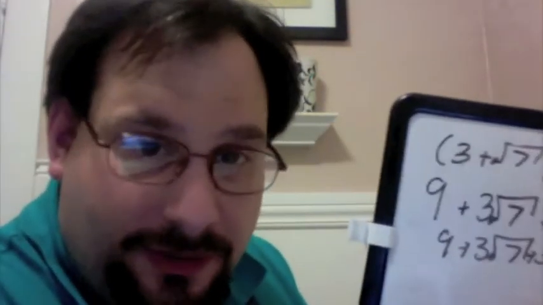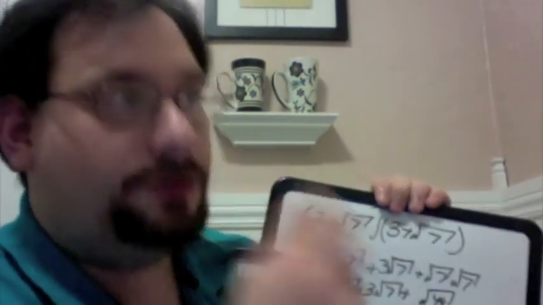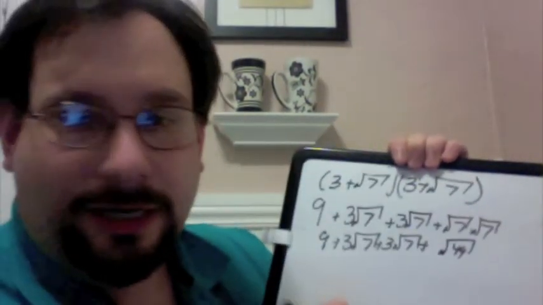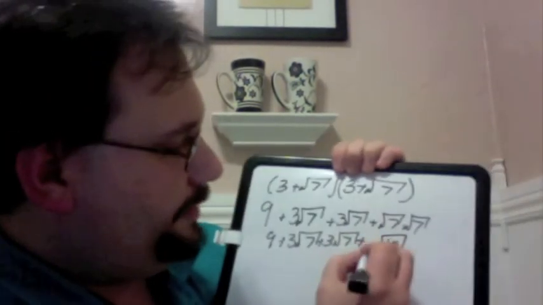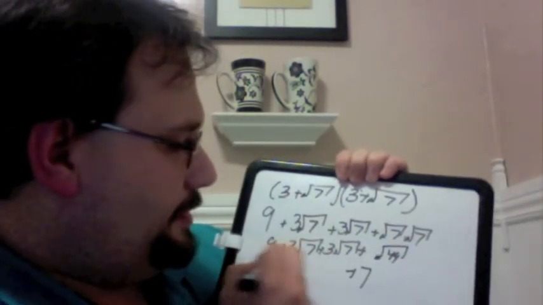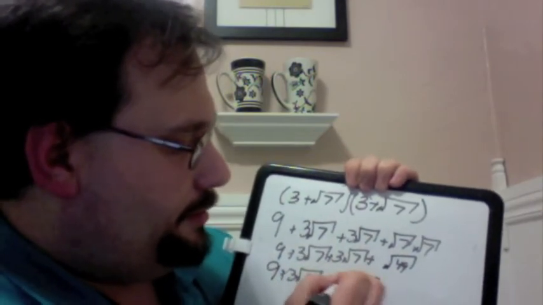I'm as guilty of it as anyone else, especially in college. I tended not to double check my work because I knew I was right. I wasn't. So here we got rid of our multiplication. We still have to finish that, so it's plus 7. 9 plus 3 square root 7 plus 3 square root of 7.